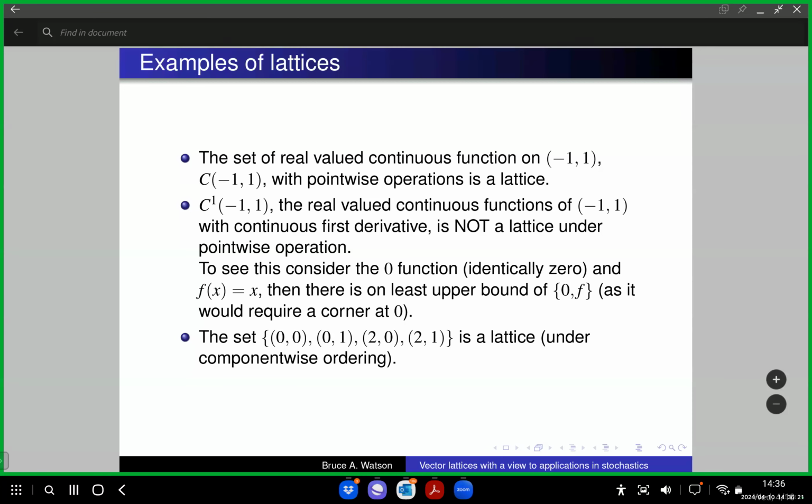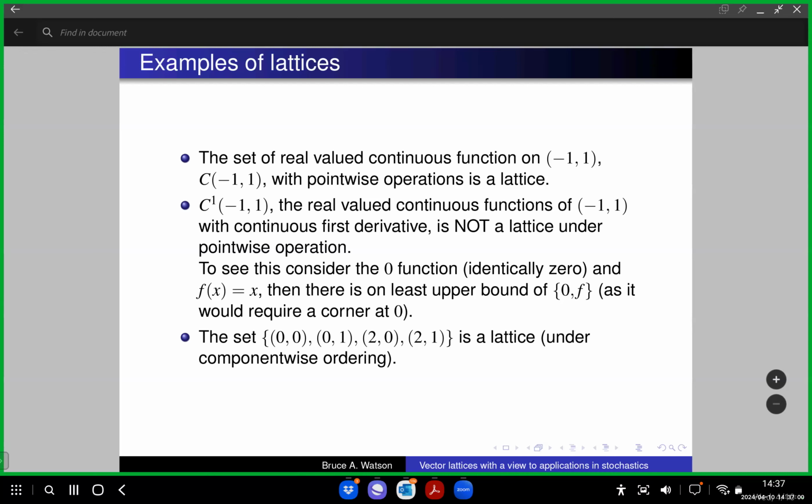If we have two real valued continuous functions on the interval [-1, 1], and we take the pointwise maximum, taking the larger value at each point to define the value, we get a new continuous function on the interval [-1, 1] that is an upper bound, and it is in fact the least upper bound of the pair.